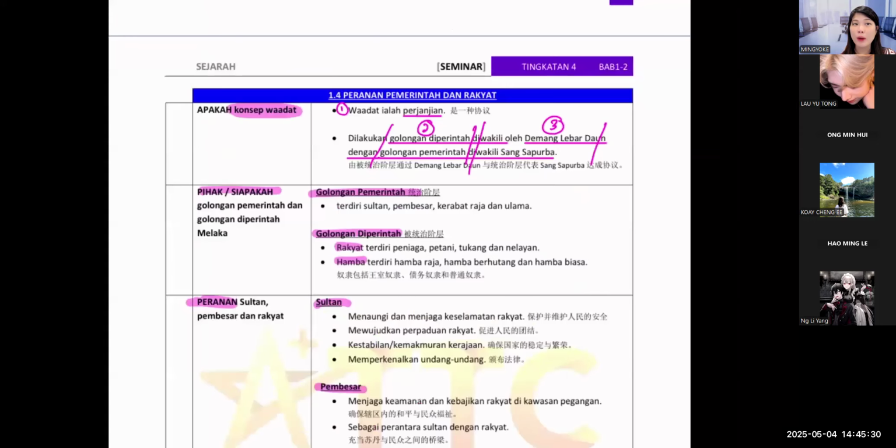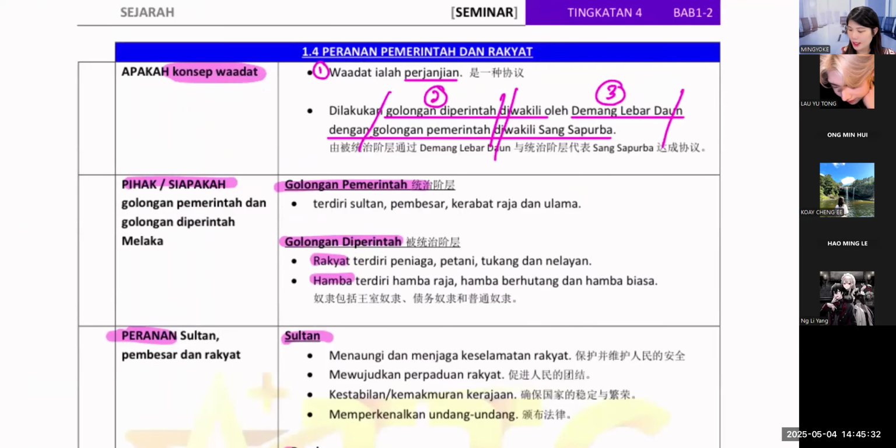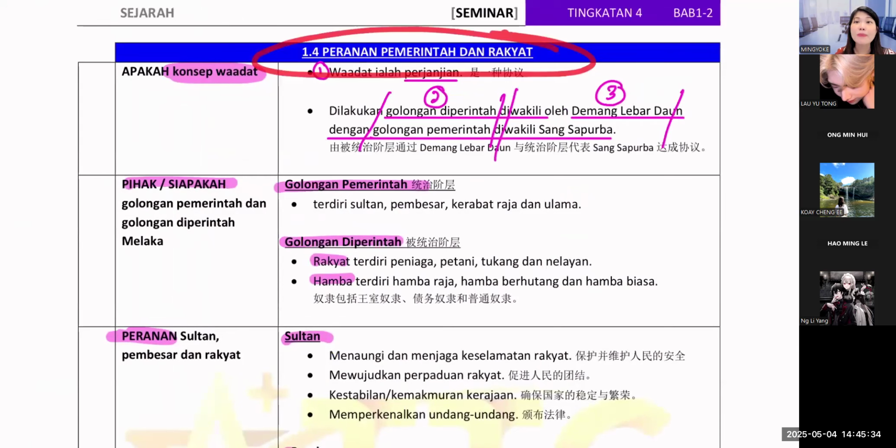Then finally the last one, guys, last one is peranan pemerintah rakyat. In a government organization, the society, upper class and lower class plays a very important role. According to concept wadat.